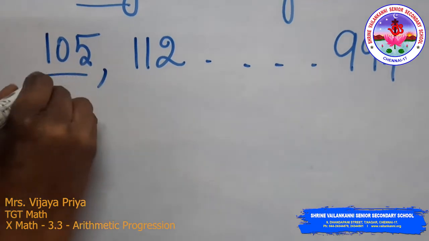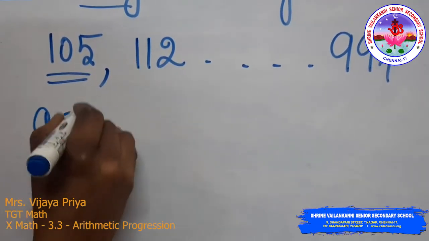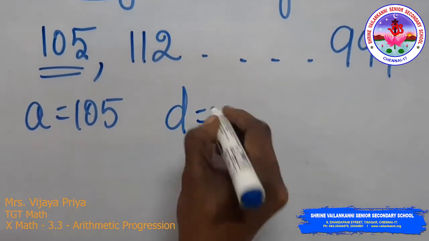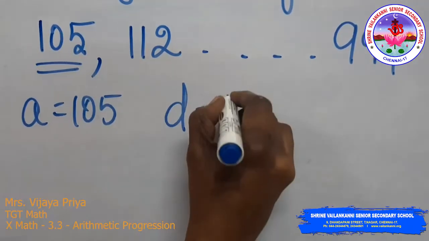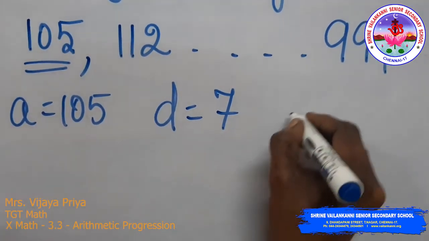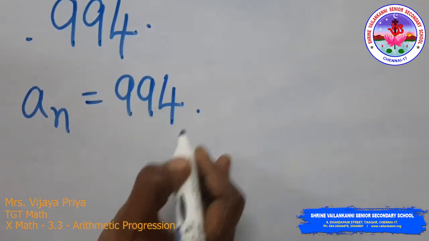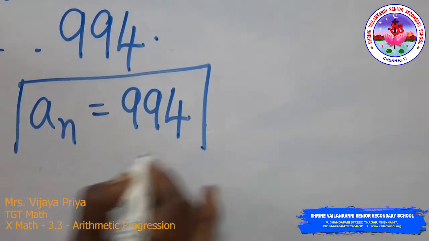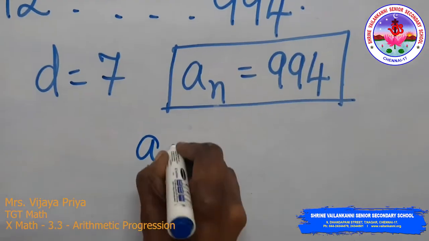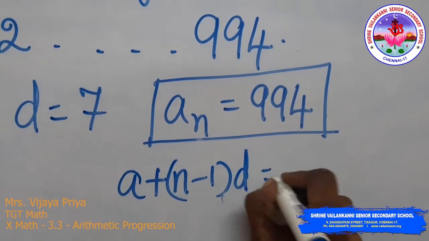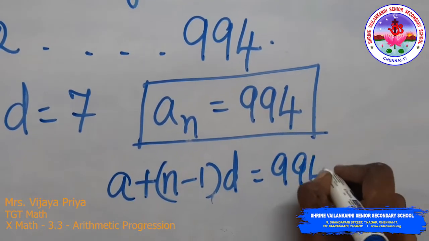So I am taking a as 105 and the common difference, 112 minus 105, which is 7, and an is equal to 994. Using an, a plus n minus 1 into d is equal to 994.